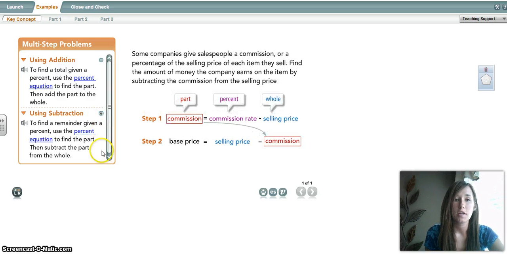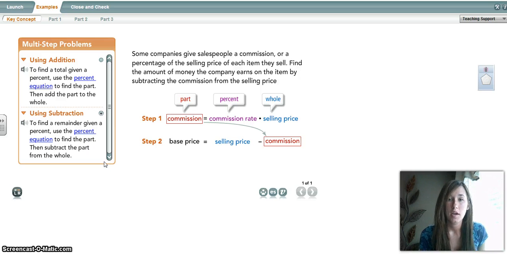Another application of the percent equation is commission. Sometimes whenever people are salesmen or saleswomen, if they work at a store that offers commission, that means that they would sell something and then they would get to keep part of the money.